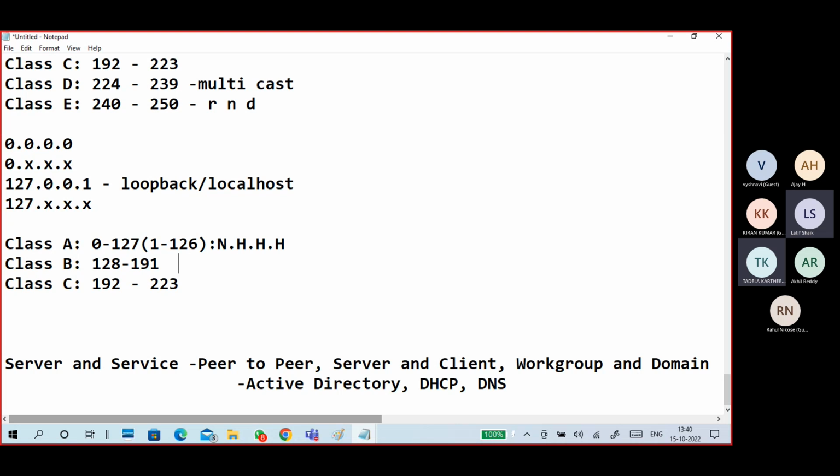How to identify which class an IP address belongs to? Look at the first octet of the IP address, and check which range it falls in.